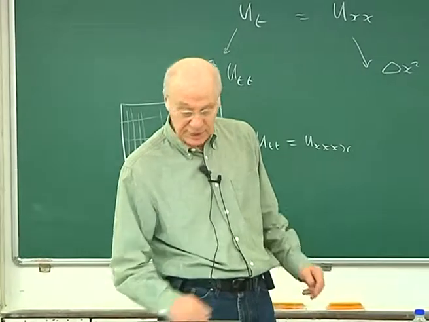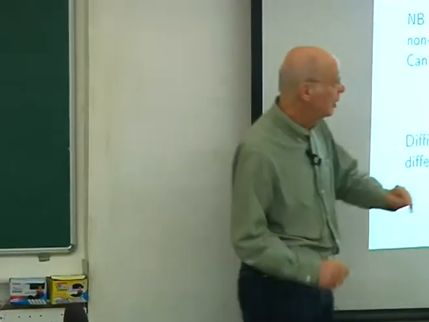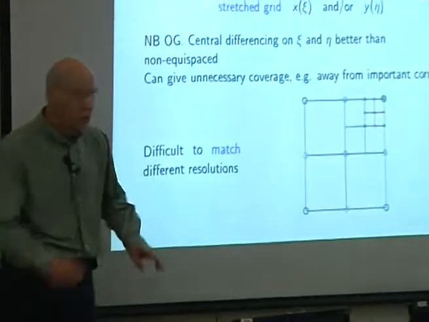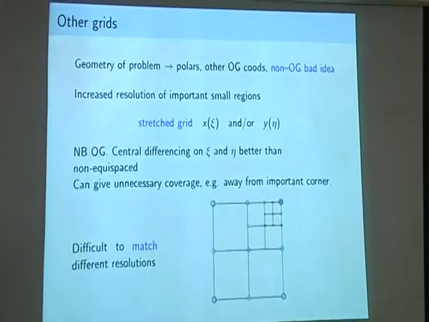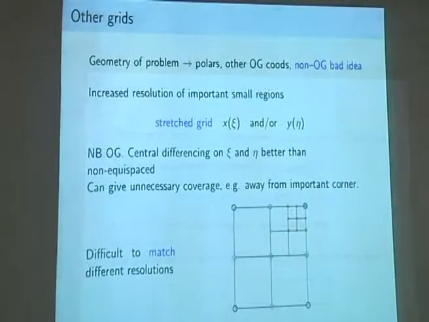So the alternative is to have extra resolution where you want it. So there's a blue square, and then in the corner there is a green square, and in the corner of that there's a red square. So this looks good, that I can get higher resolution in the corner.